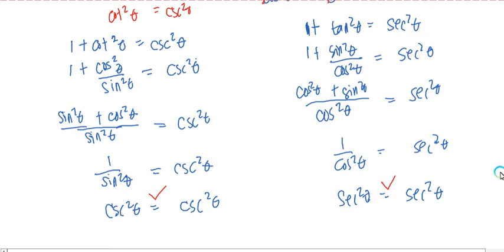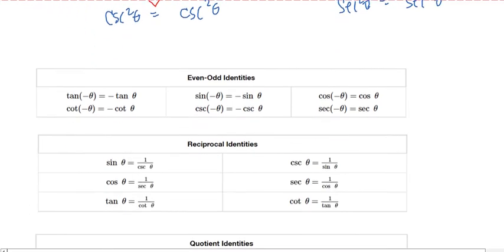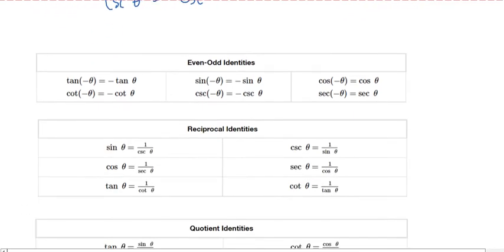Okay, so another type of identity that we can encounter is your even-odd identities. You can also encounter your reciprocal identities. Take note of what happens with your even-odd identities. For tangent, it will be negative tangent. So tangent of a negative angle is equal to negative tangent theta.